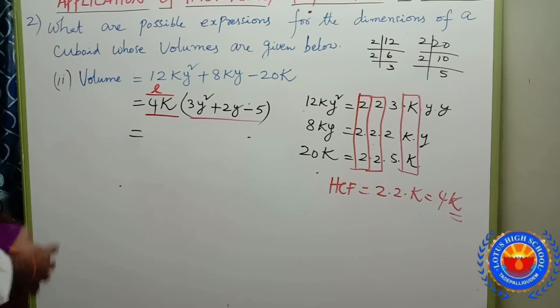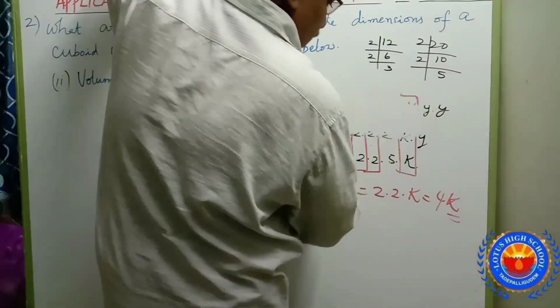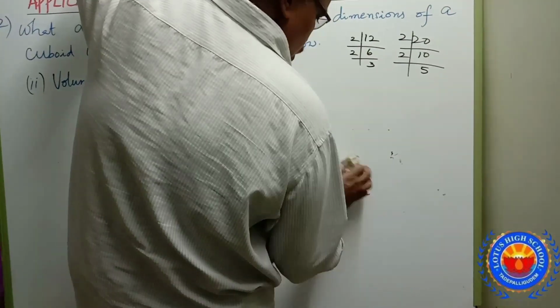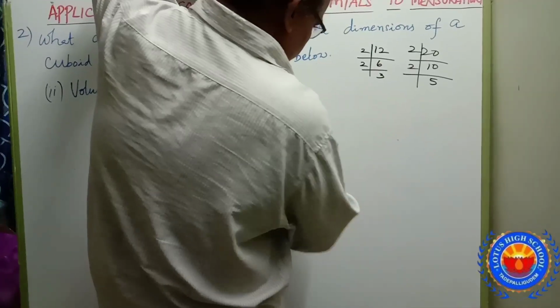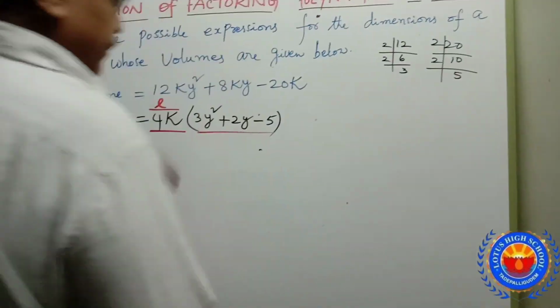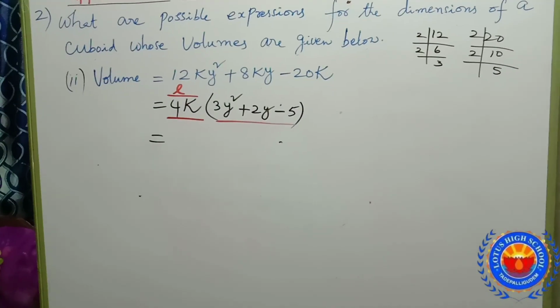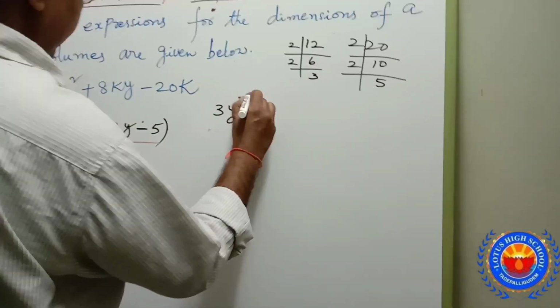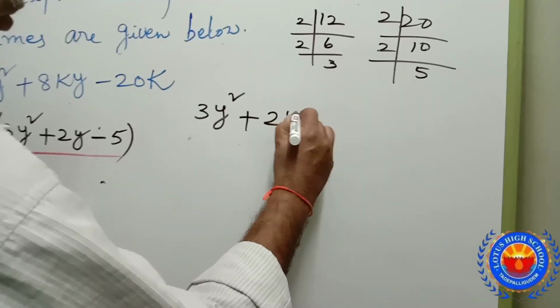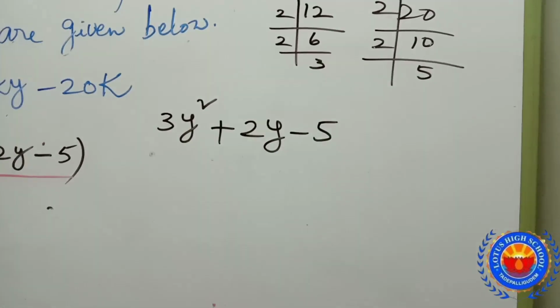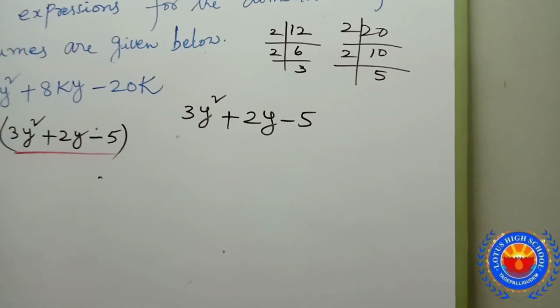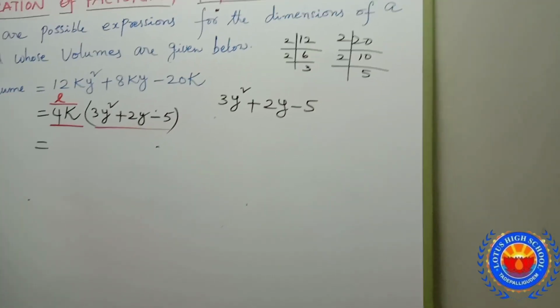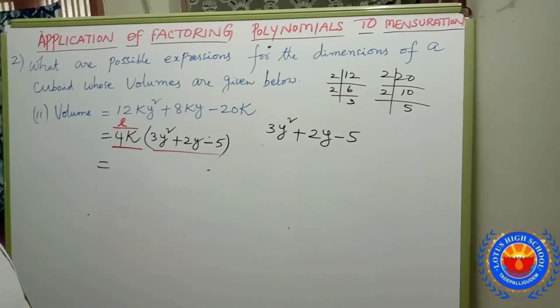So here I got one quadratic polynomial, the quadratic polynomial 3y² plus 2y minus 5.